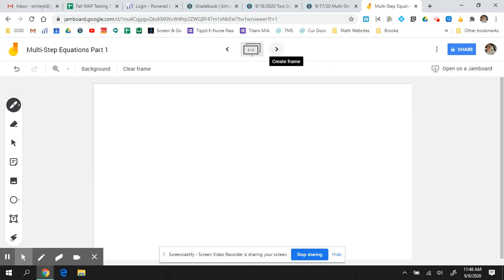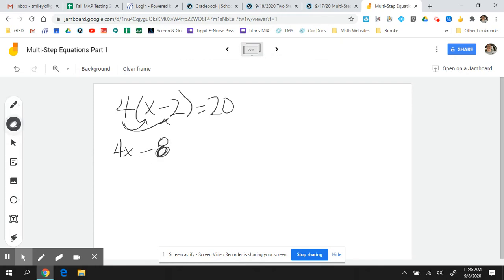Let's do another one kind of like it. So 4 parentheses x minus 2 equals 20. All right, so again, we're going to do our distributive property first. So I'm going to multiply 4 times x and get 4x. 4 times a negative 2 and get negative 8. Well, that's a bad 8. Let me erase. Try this 8 again.